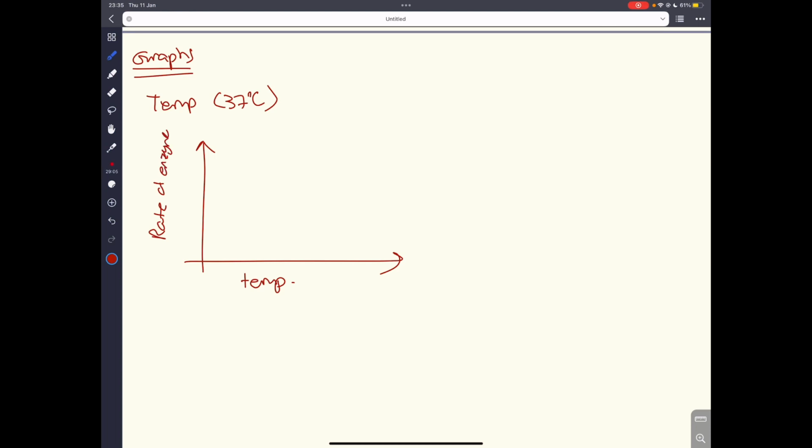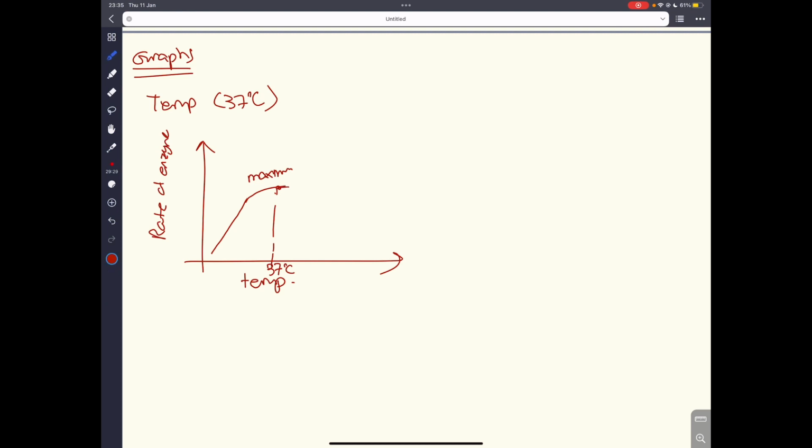Now if temperature increases, the rate will increase. However, when it reaches around 37 degrees Celsius, as in body cells, it is working at its maximum, its optimum temperature.